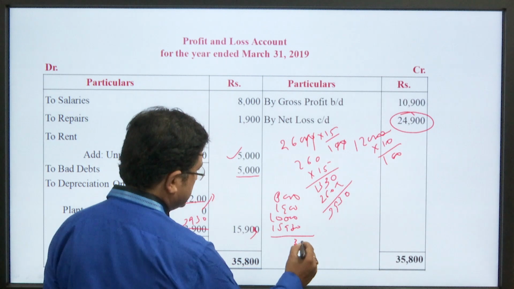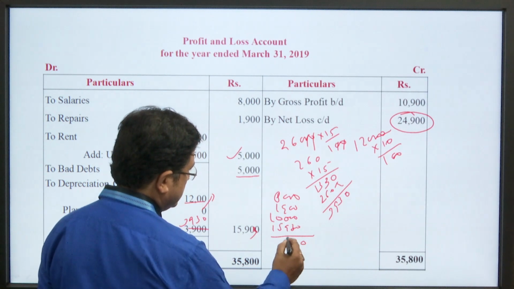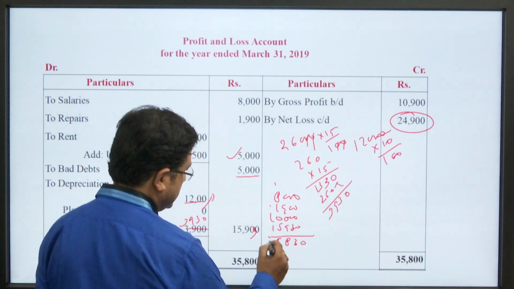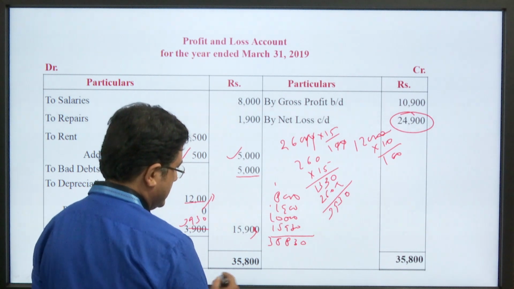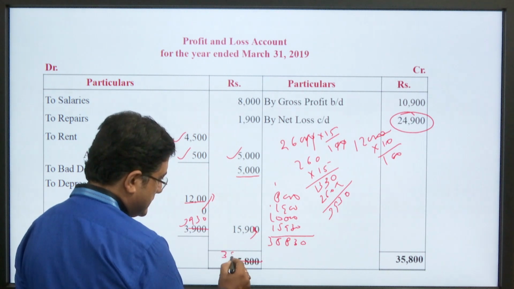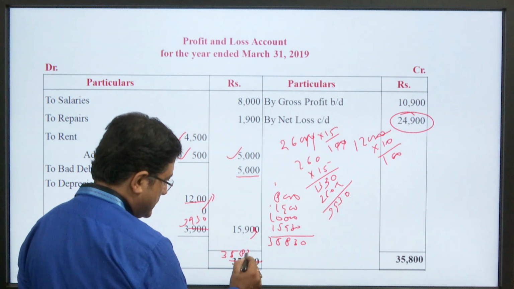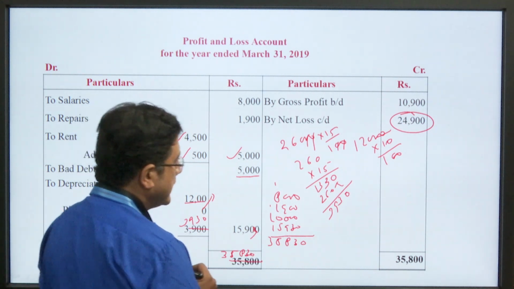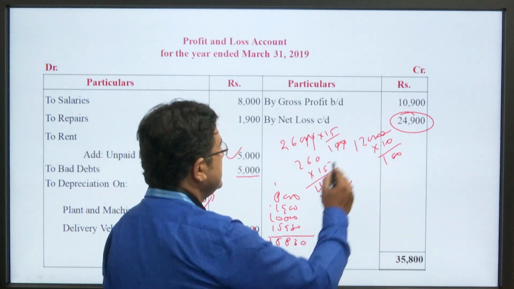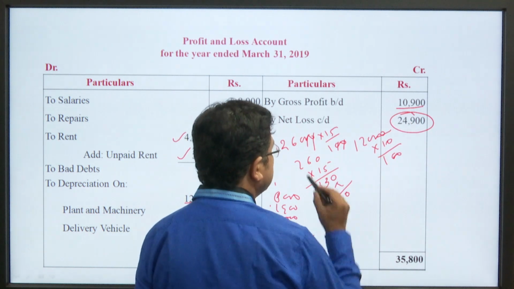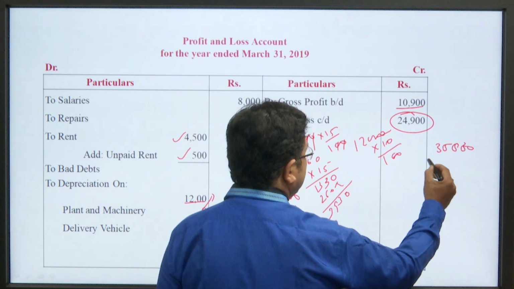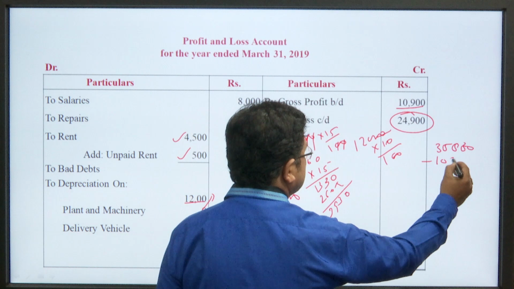So, 30 is here, 9, 8, 10, 15, 35. So, the total value of the debit side is 35830 and the total value of the credit side is only 10,900. So, 35830 minus 10900.